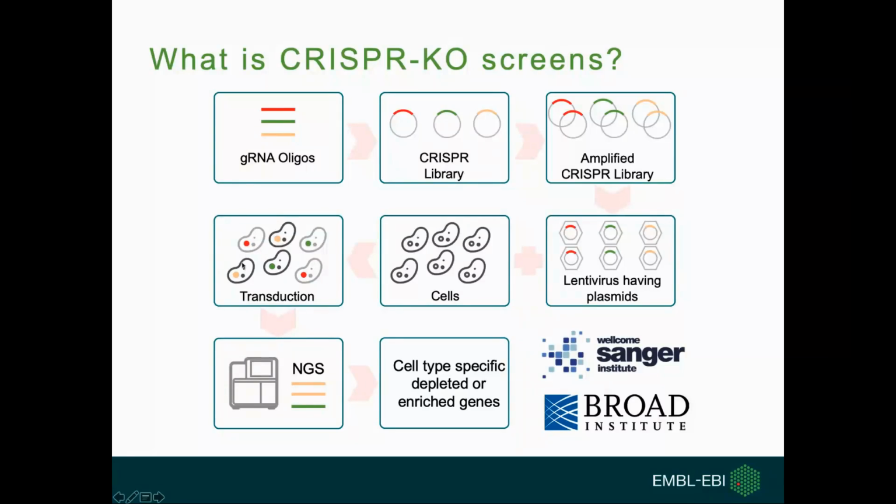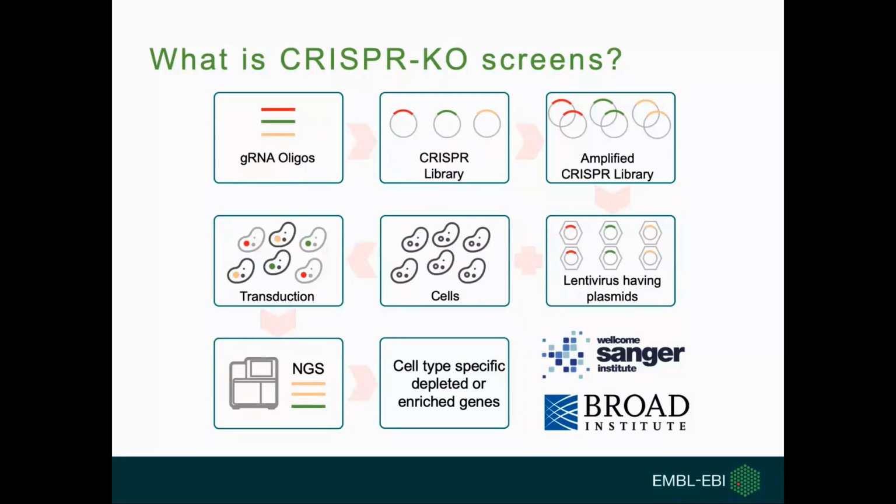So we can say that yellow guide RNA targeted genes are not essential, but red guide RNA targeted genes are absolutely essential. However, for the green guide RNA targeted genes, it depends on which cells we are infecting.